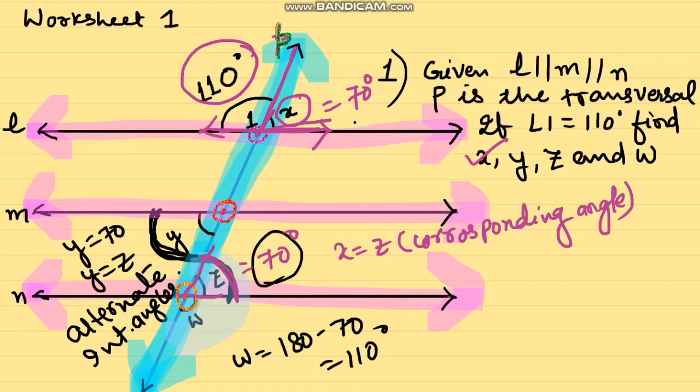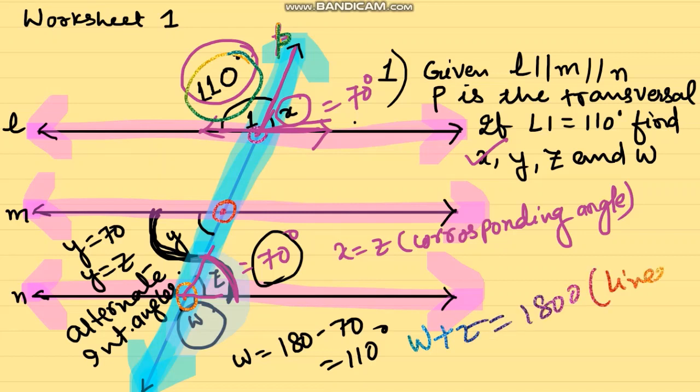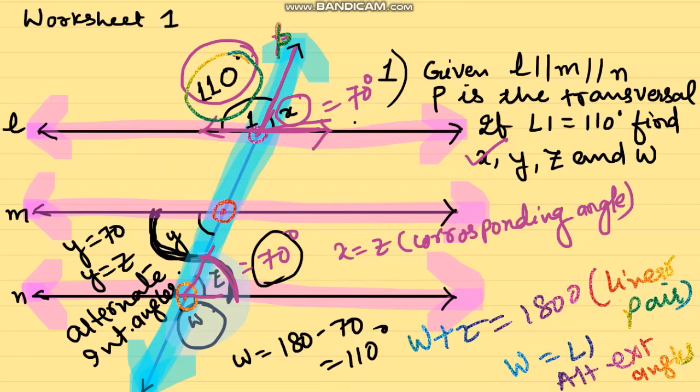Now one more thing children, if you have noticed properly, W and this 110 degrees are also forming exterior alternate angles. So you can say that W plus Z is equal to 180 degrees. They are forming linear pair. Or you can say that W is equal to angle 1. They are forming alternate exterior angles which are equal when the lines are parallel.